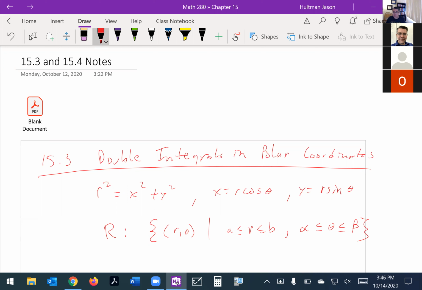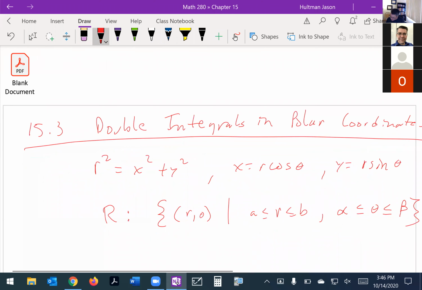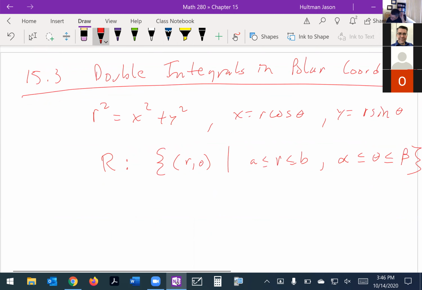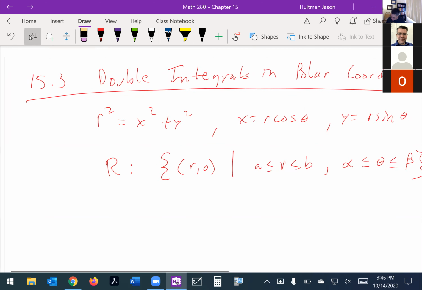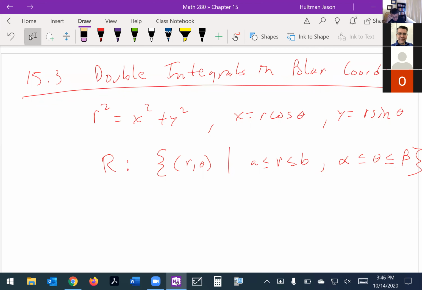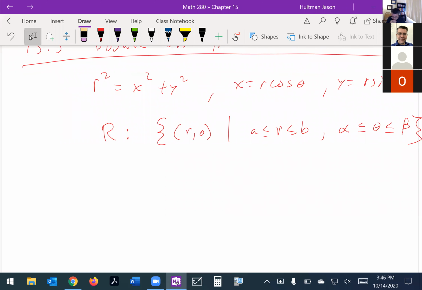So r goes from A to B, theta goes from alpha to beta. Makes sense? Let's see what this means.